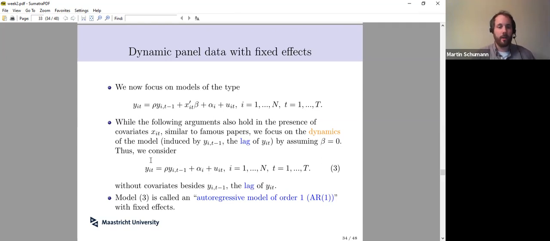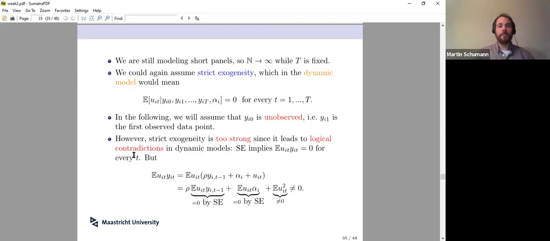Many of you took time series courses, and for you this is probably boring stuff. You know all this already. Now we want to investigate this still from the micro panel perspective. That means that n goes to infinity and t is still small, so t is going to be fixed in our treatment here.